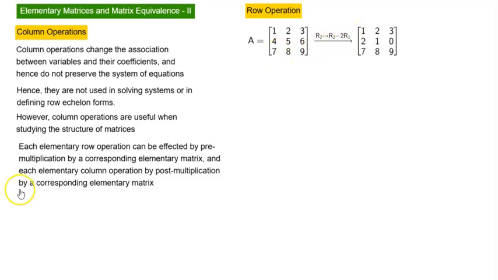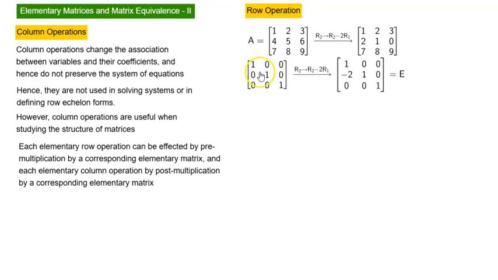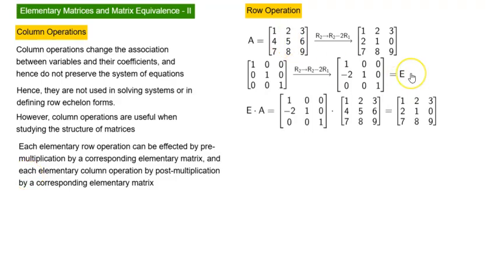We apply an operation to the matrix A. We apply the same operation to the identity to arrive at an elementary matrix. Multiplying E and A, that is pre-multiplying A by E, gives us the matrix 1, 2, 3, 2, 1, 0, 7, 8, 9, which is what we had as the transformed A through this operation.